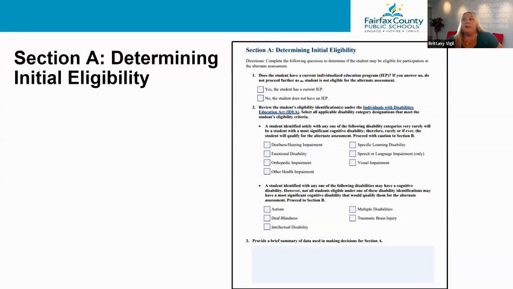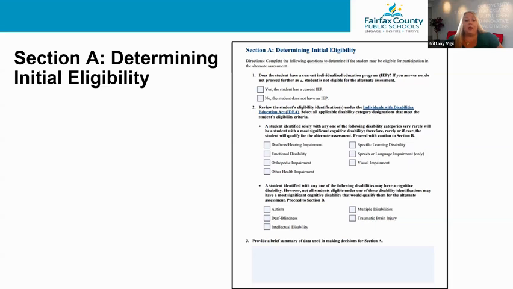As we look at the disabilities which may be considered, keep in mind that these are not automatic. So there are certain categories where if a student only has a speech or language impairment, and that's the only disability category that they're being served under, typically they are not a student who's going to meet the participation criteria for VAAP if that is their only disability category. They might have that in addition to something else.